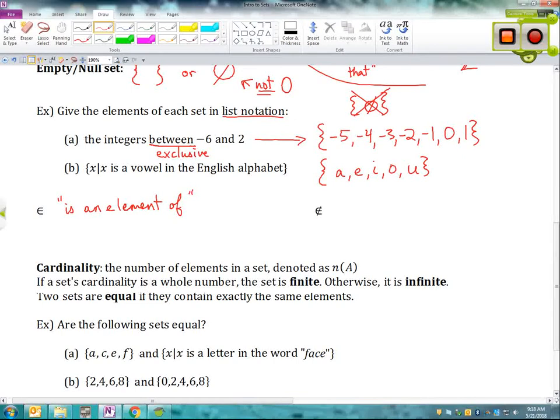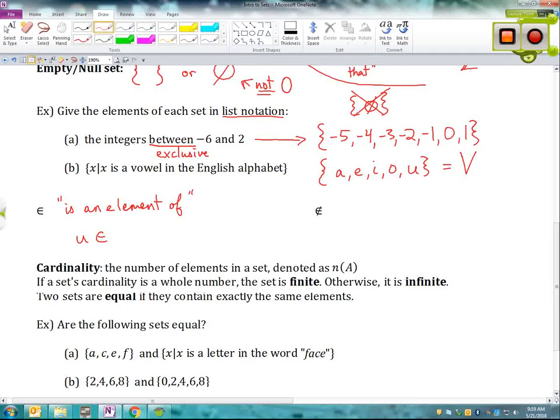Okay, so if we see that, let's take for example part B up above. We know that the letter U is in that set, so we can say that U is an element of the set here, and I guess I need to name this. Okay, time out here. Let's call this set V. Sets are frequently labeled with capital letters the same way sequences are. So we'll call this set V for vowel.